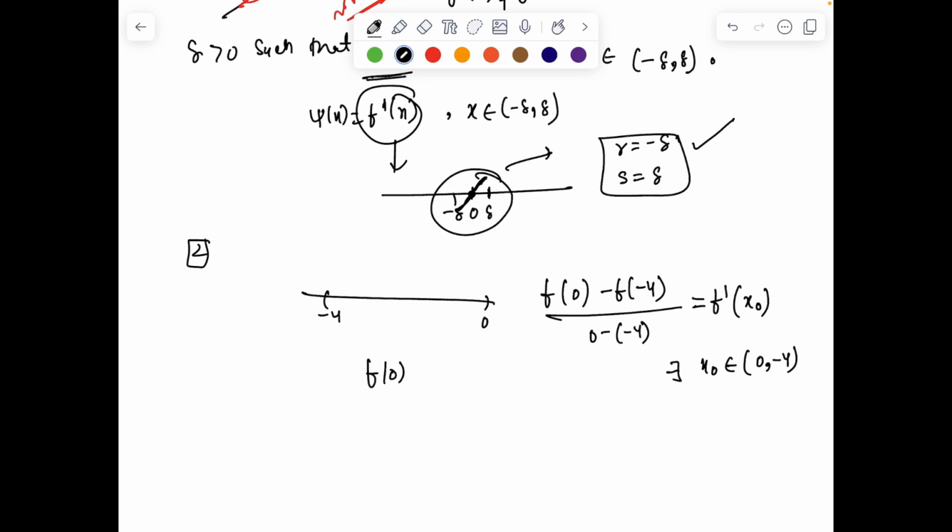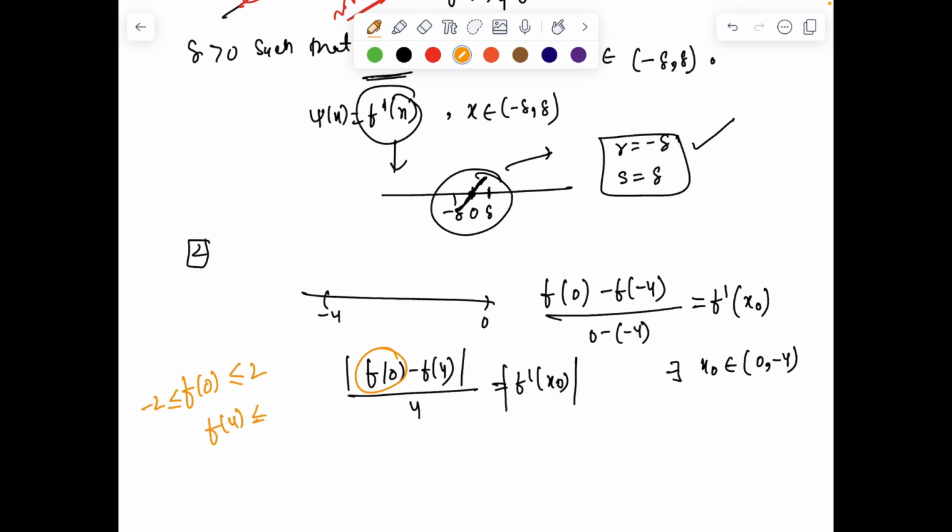So from here what we'll get is f of 0 minus f of minus 4, divided by 4, is equal to f dash x naught. So now if we take mod of this, we get mod of that. All right. Now we know the maximum possible value of f of 0 because of the codomain definition is 2. Similarly, f of minus 4 will also lie between minus 2 to plus 2. So f of 0 minus f of minus 4 can lie from 4 to minus 4 because they are independently controlled.